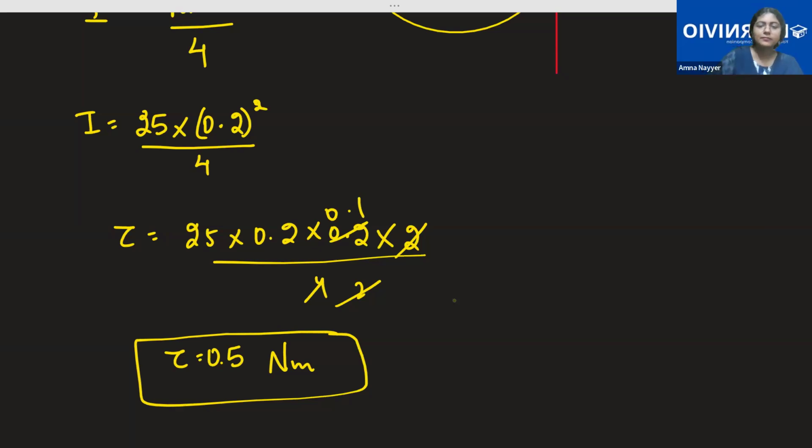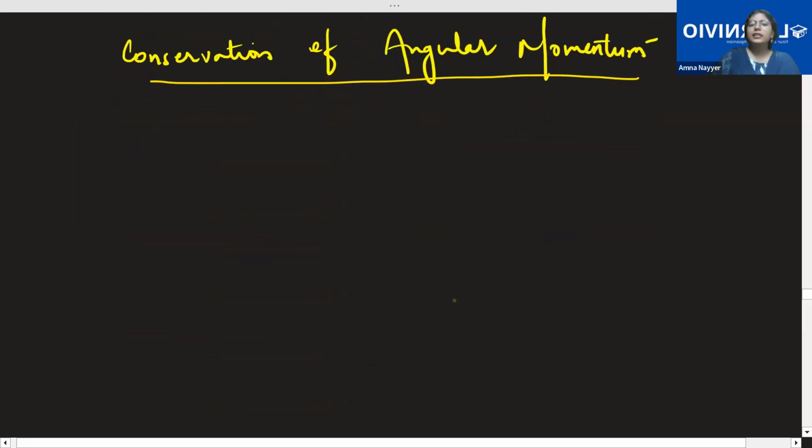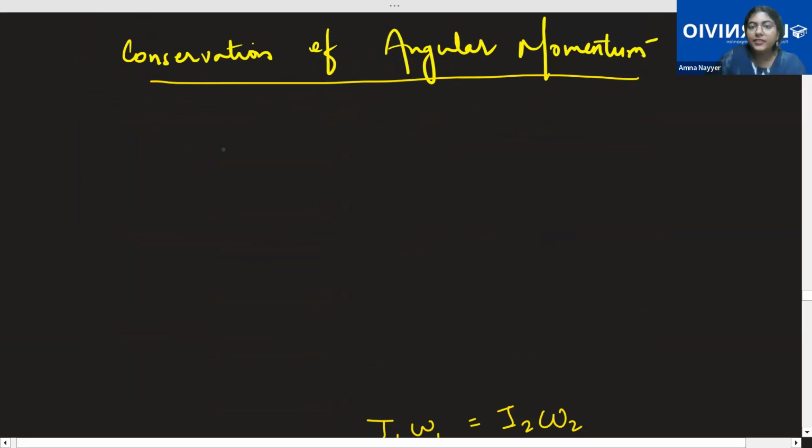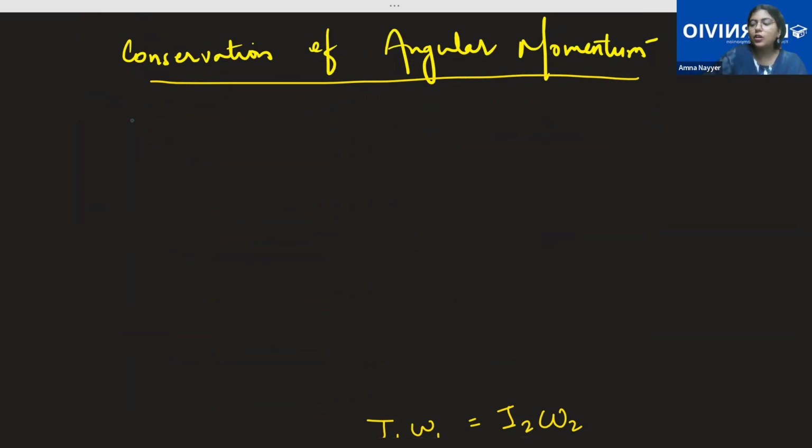Okay. Thank you, ma'am. Now, class, talking about the conservation of angular momentum. The way we say conservation of linear momentum that we have studied: F external is there, and F external is 0. That's what we say.